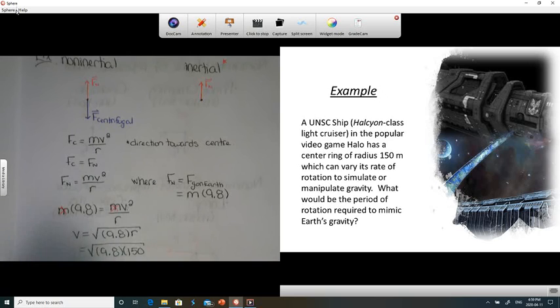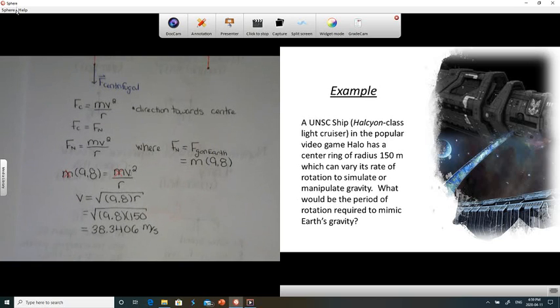Okay. And if we calculate this, we're going to get 38, and that would be meters per second. So I carried a few extra digits, just so that we can go ahead and use that in our next step.